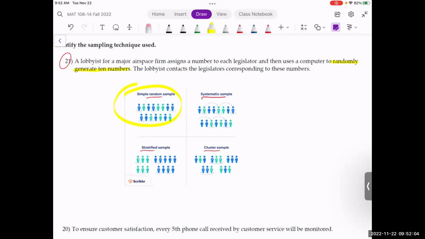What they are doing is giving everyone a number. They don't know who's who, they just have numbers, and then they randomly select the numbers, right? It's like a lottery. It's like you put the numbers in balls, and then you turn it and you pick one blindly, right? So that's a random selection.